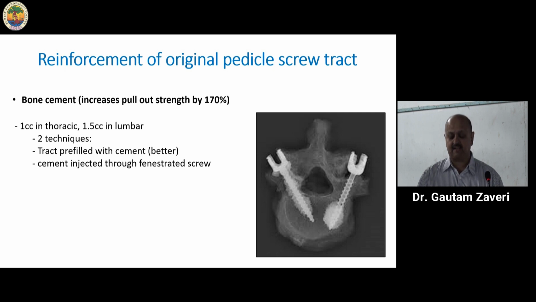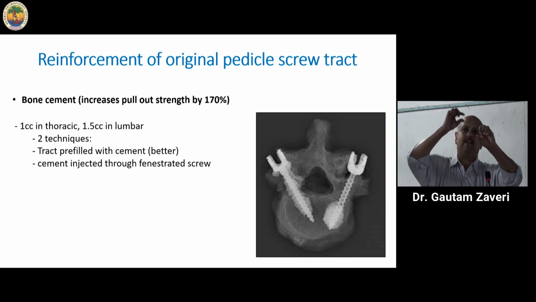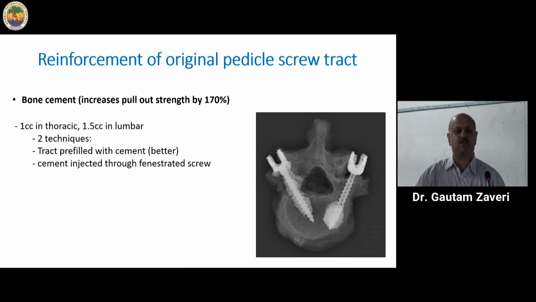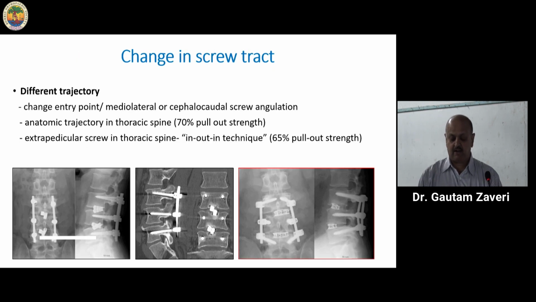These increase the pull-out strength by almost 170%, but it does carry the risk of leakage of cement and neurologic deficits, etc. The other problem with the fenestrated screw is it just holds the screw distally, and proximally there is a toggle or a cantilever force which is being applied, which can cause failure of the implant.